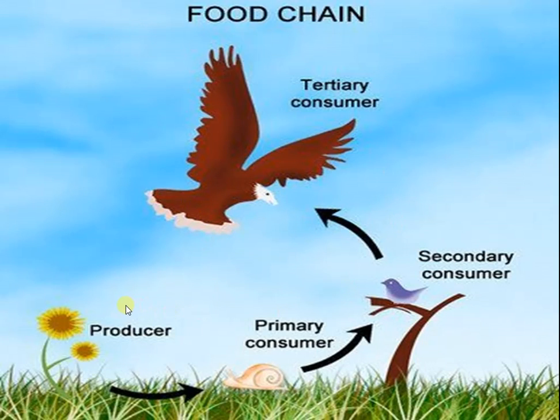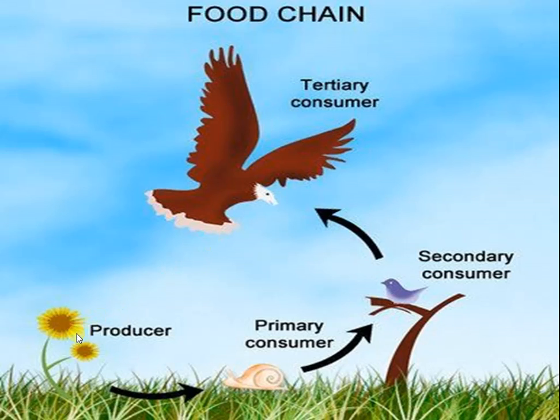What is a food chain? The transfer of energy from one organism to another organism in a sequence is called a food chain. For example, producers are eaten by primary consumers, eaten by secondary consumers, eaten by tertiary consumers.